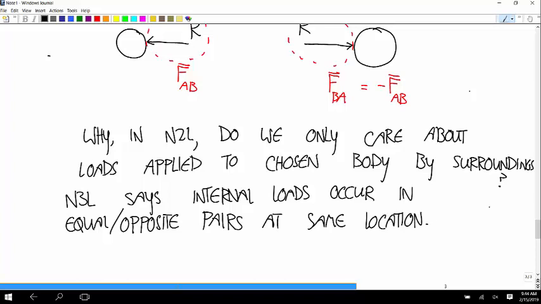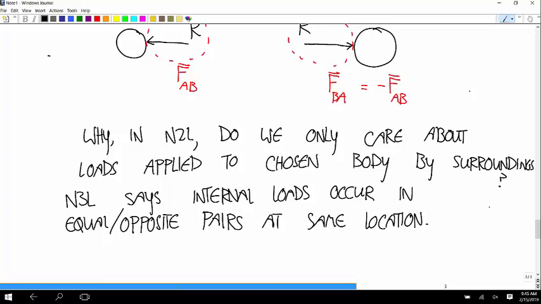So if you're isolating a truck that's running, parts of the engine, like say the piston, is applying a big force to the cylinder, right? And the cylinder is part of the truck, so that's a force on the truck. But at the same location, the cylinder is applying an equal and opposite force to the piston, and that piston is also part of the truck.